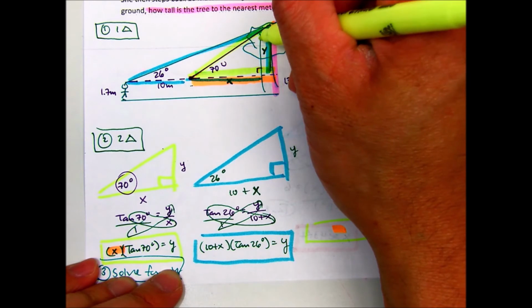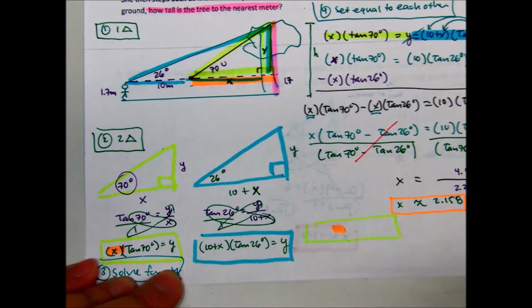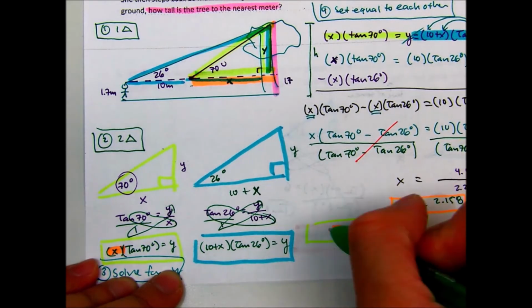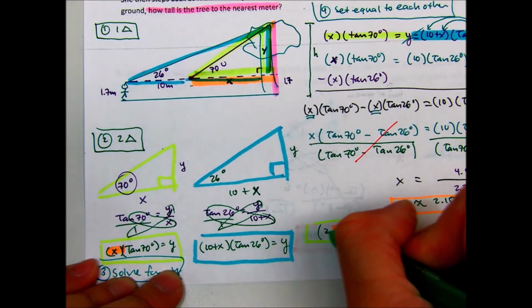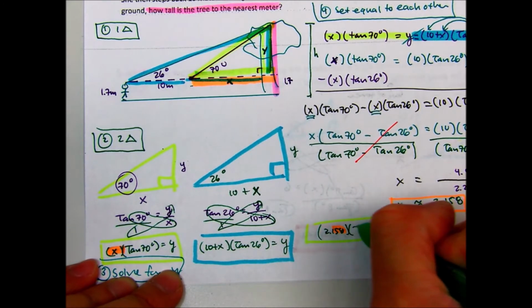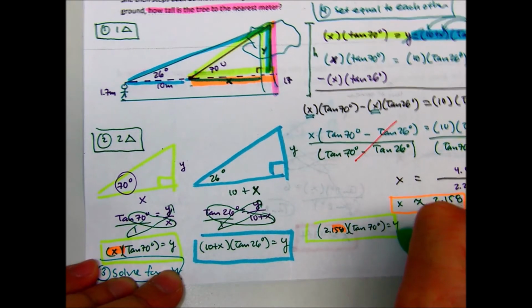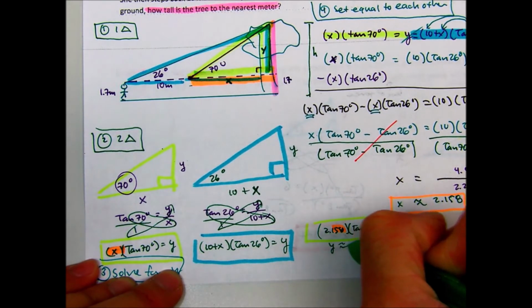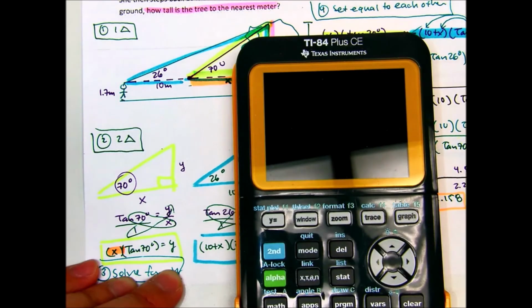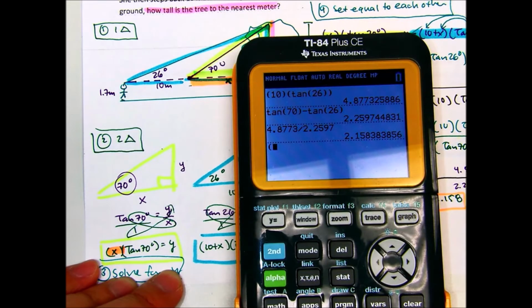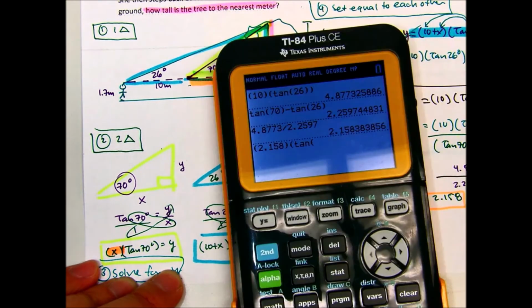So 2.158 times tangent of 70 degrees will give me approximately y. So we can say that y is approximately 2.158 times tangent of 70. And I get approximately 5.93.